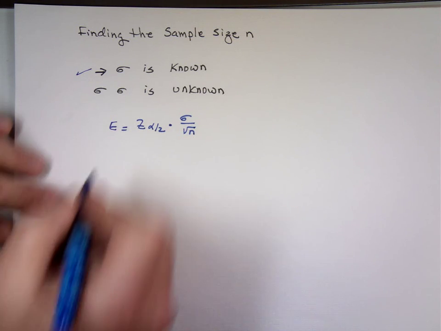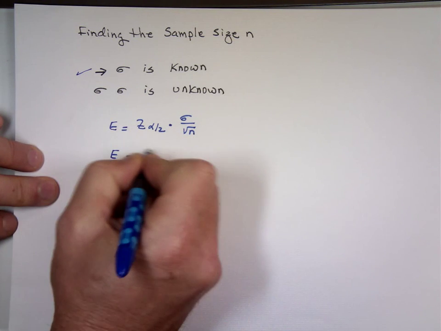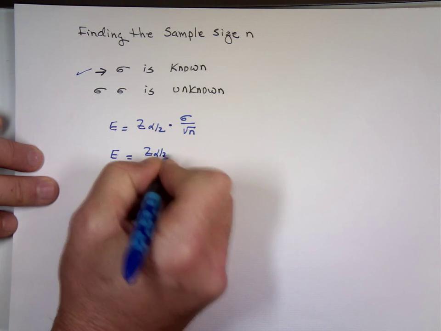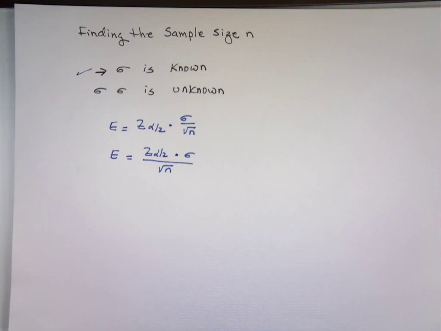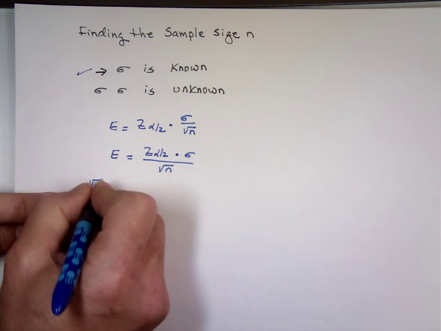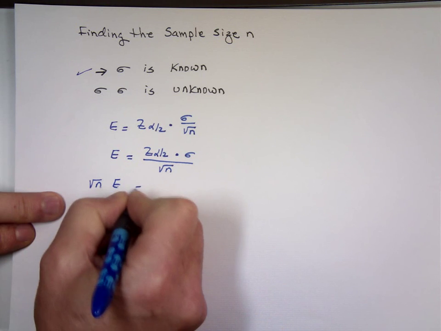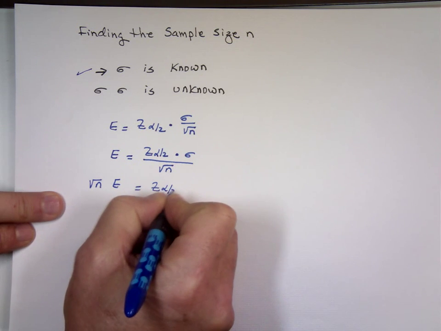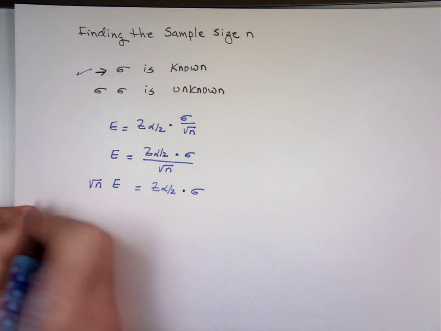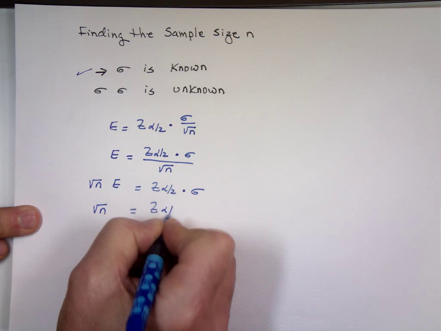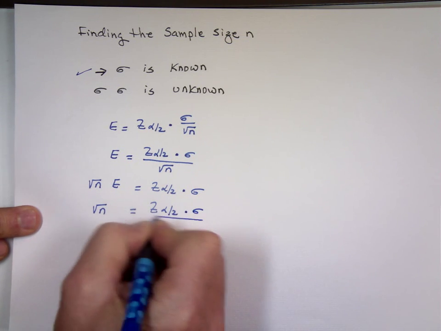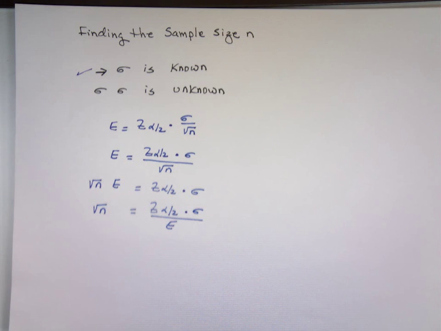So if we play with the math, multiply both sides by the square root of n, divide both sides by e, and to solve for n, what do we do?